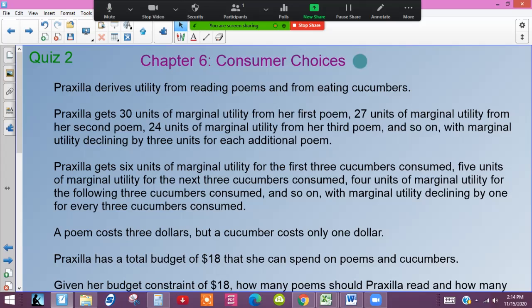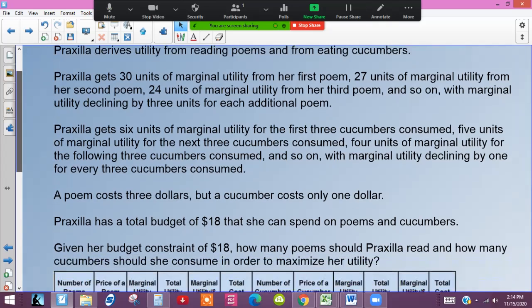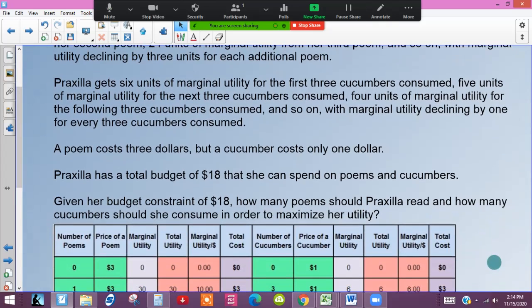The important piece of information in the narrative in the problem that you're not going to see on the table explicitly or at all is the total budget that the consumer, in this case Praxilla, has.